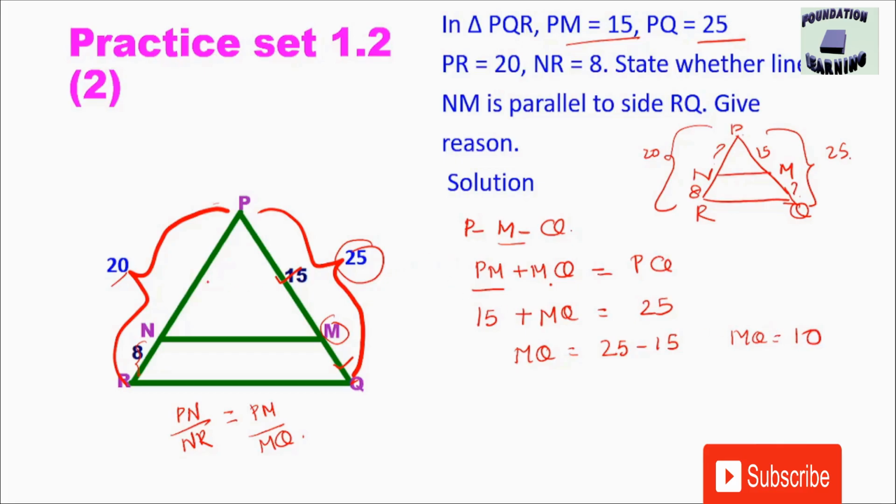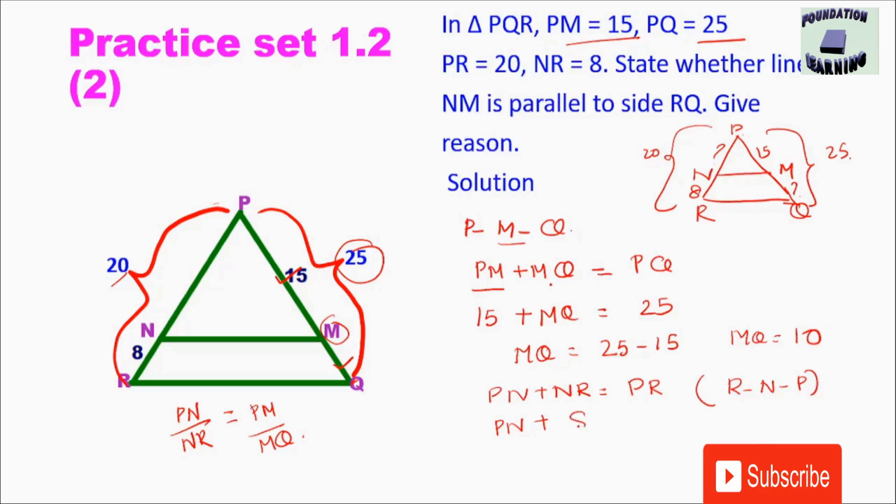Now, the other side. PN plus NR is equal to PR. Why? Because N is between R and P. PN we don't know, so we write PN as it is.